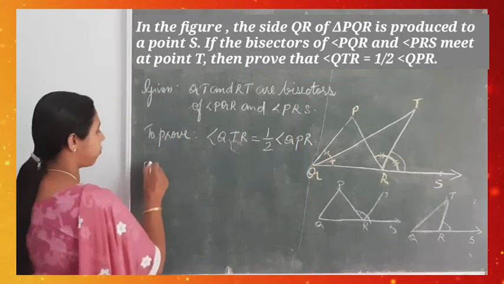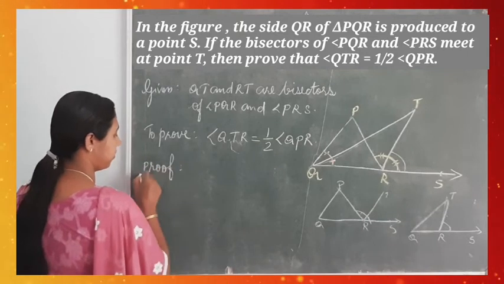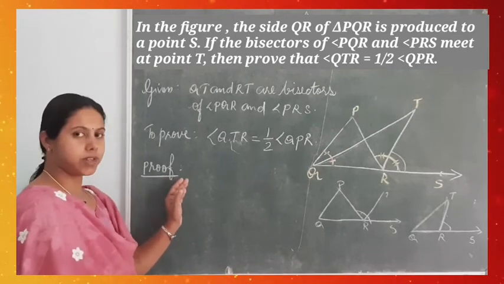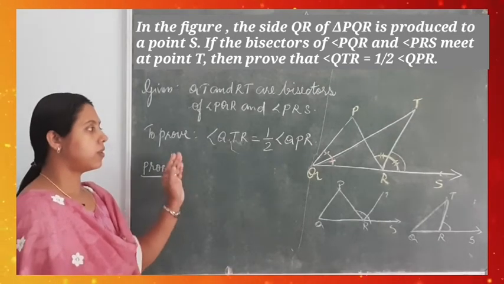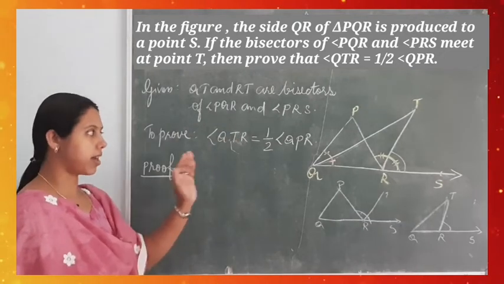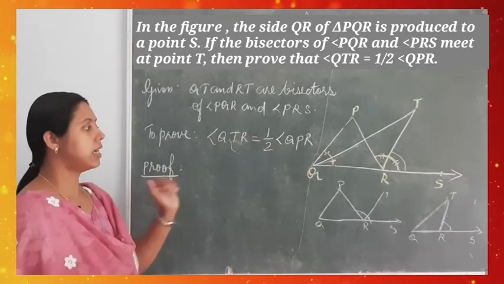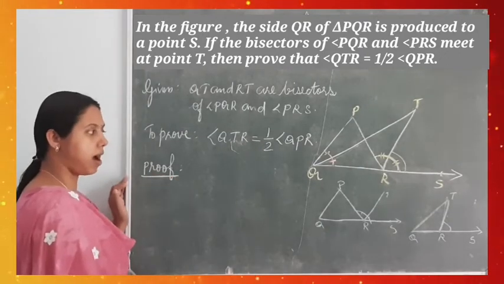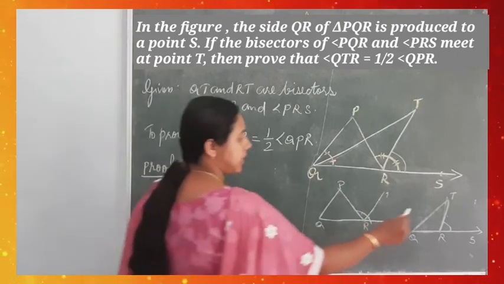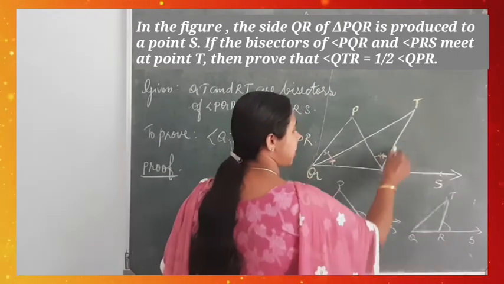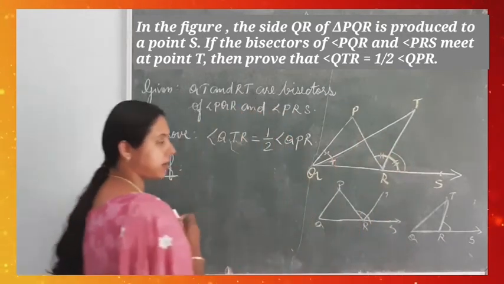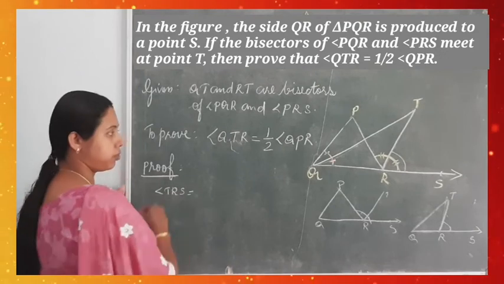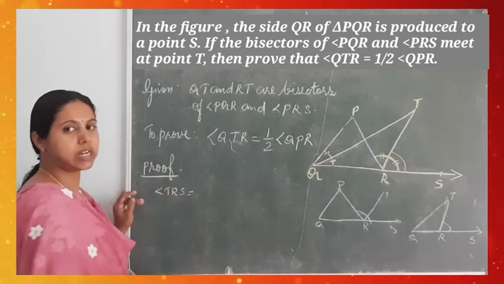The next one is proof. When you are writing the proof, first of all, you should consider triangle PQR and triangle TQR separately. If you consider triangle TQR, we know that TRS is the exterior angle. So angle TRS is equal to the sum of two interior opposite angles.